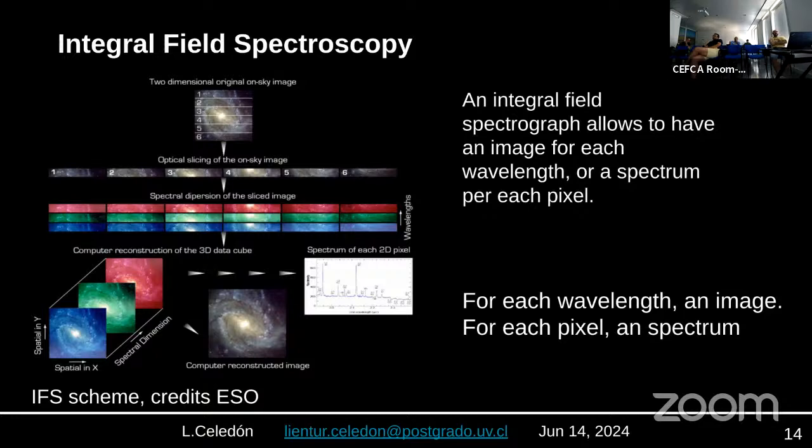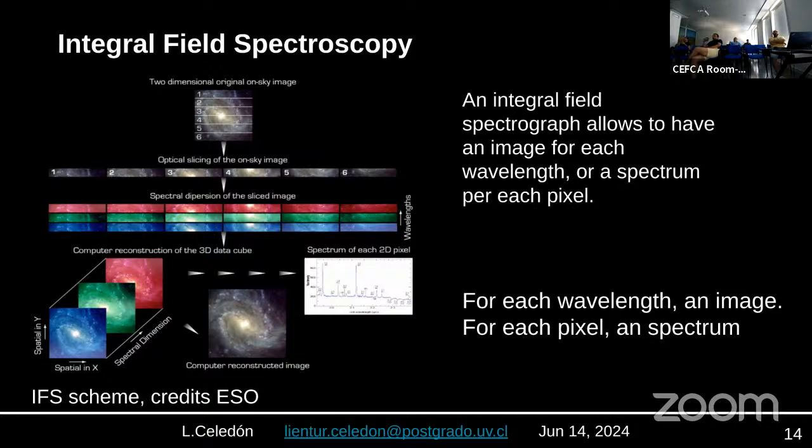To summarize what integral field spectroscopy does: we have the image, let's say of a galaxy, and we divide this image into several narrow images. For each one, we pass the light to a spectrograph, and we obtain the spectrum of this part. Then we reconstruct the image from this, and you obtain a data cube where you have an image for each one of the wavelengths of the spectrograph.